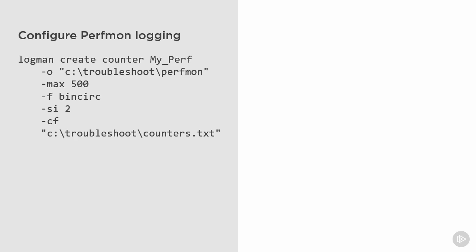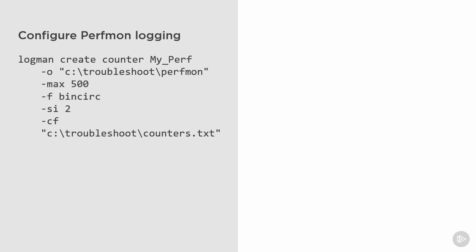Now this next step should look very familiar, as we learned how to establish background perfmon logging in the last module. You'll simply use the logman create counter command to establish a data collector set. In this case, I've created the myperf data collector set with the output going to the working folder C:\troubleshoot with the start of the file name perfmon, giving it a maximum size of 500 megabytes, a binary circular format with a sampling interval of every 2 seconds.